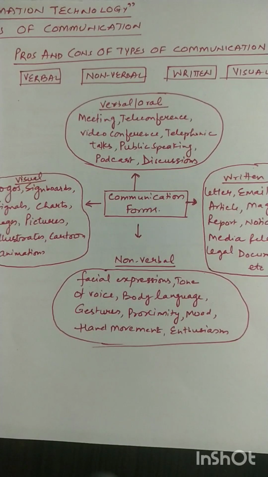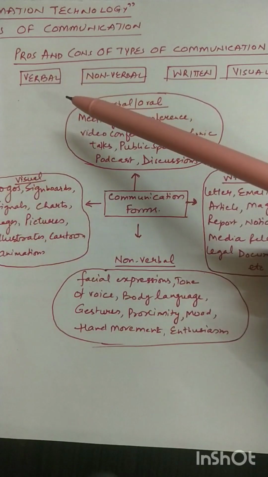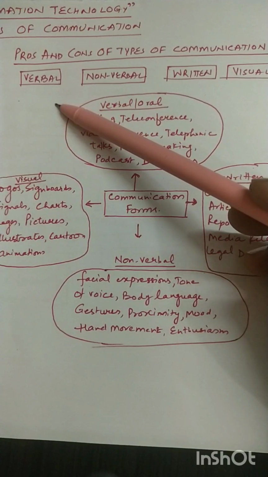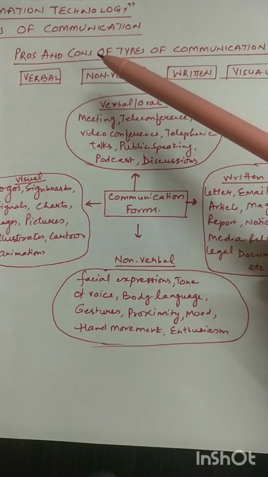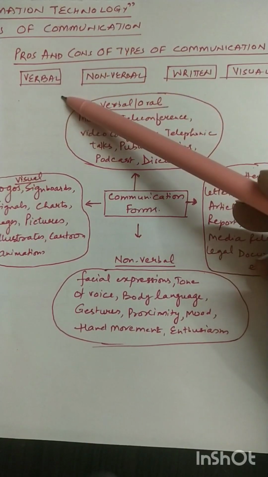Clear? And it is not possible to communicate to people in a different setup. So these are the cons of the communication. There are emotional barriers also. Speaker has to speak about something refreshing while he may be feeling super tired. So these are the different disadvantages or limitations of verbal communication.